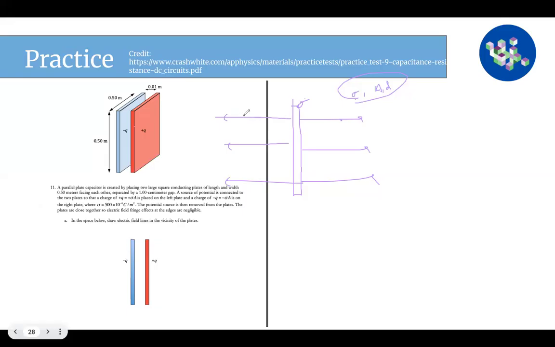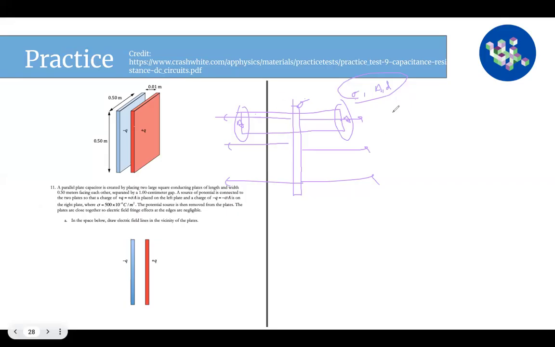So if I draw this Gaussian surface, like this, and this has area A, there's flux through the left part and the right part, and if this is a cylinder, there's no flux through the side of the cylinder.